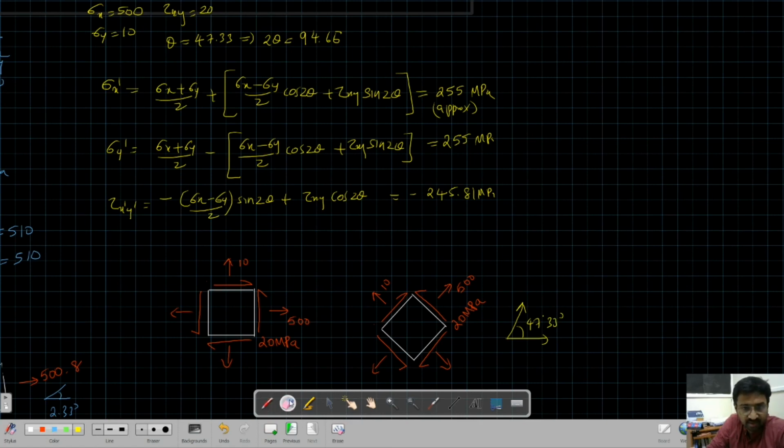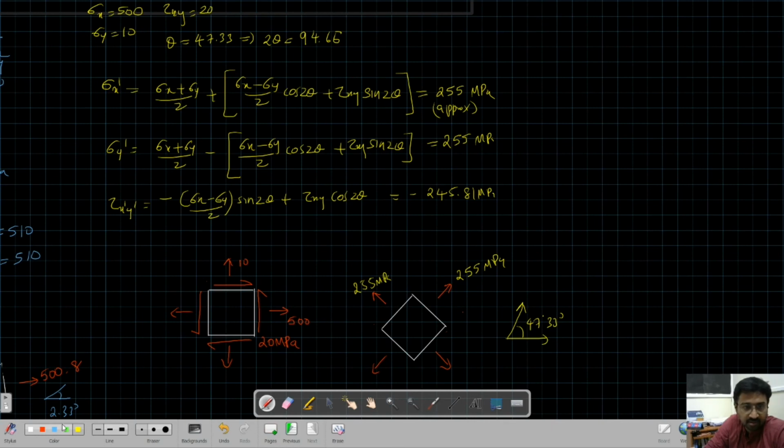So what I have is stresses. This is sigma x dash, this is sigma y dash. This stress is 255 MPa, and this is also 255 MPa.